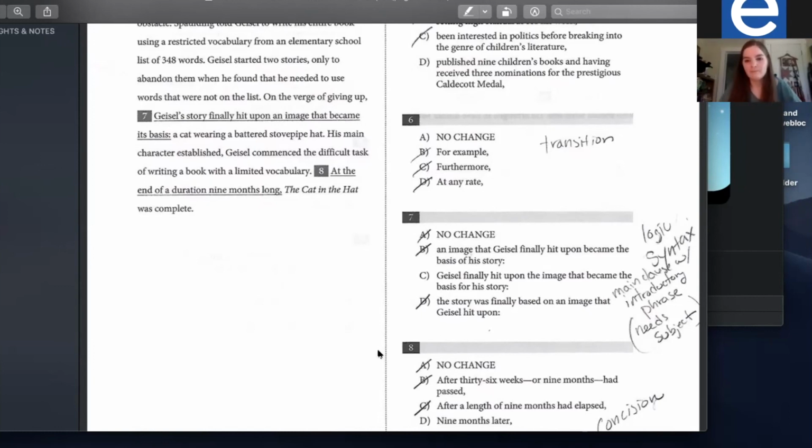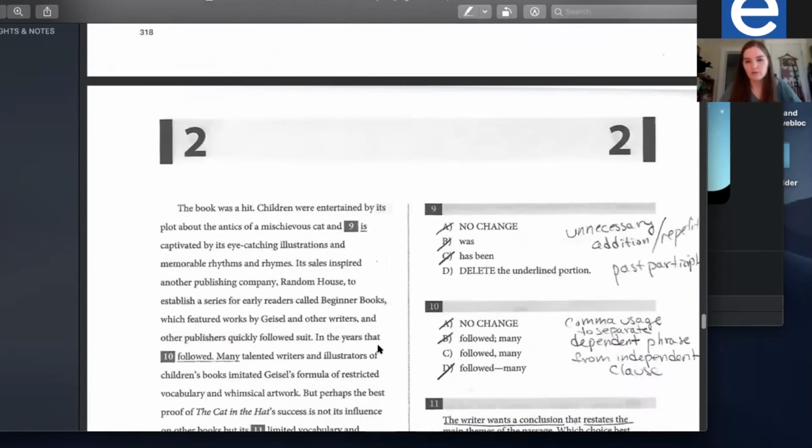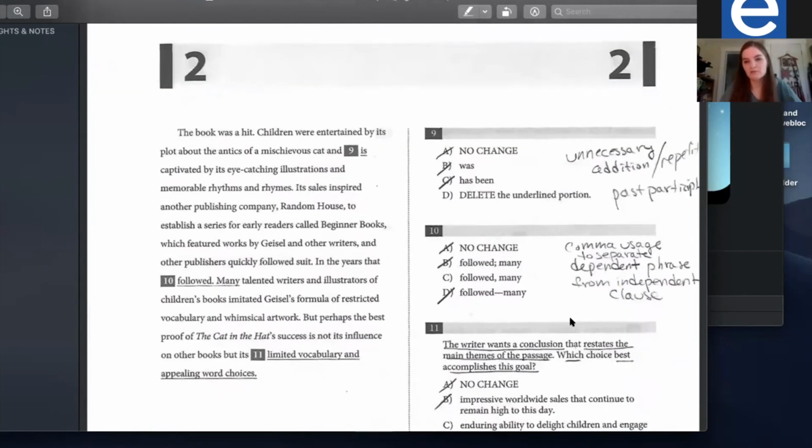All right, let me do one quick example here. Question 10 deals with common usage to separate a dependent phrase from an independent clause. You have the subordinate clause here that needs to be attached to an independent clause, and you need to identify what you need, because you can't just have a sentence that says "in the years that followed."